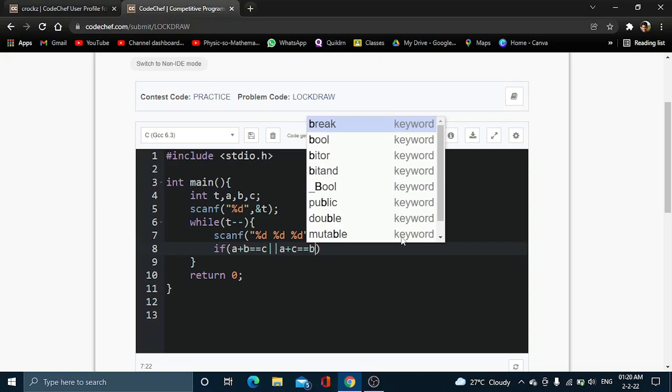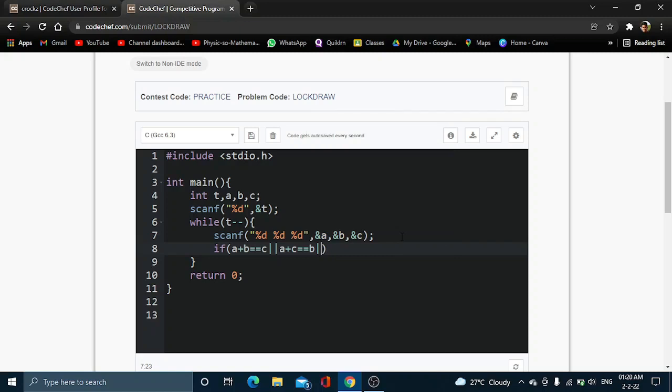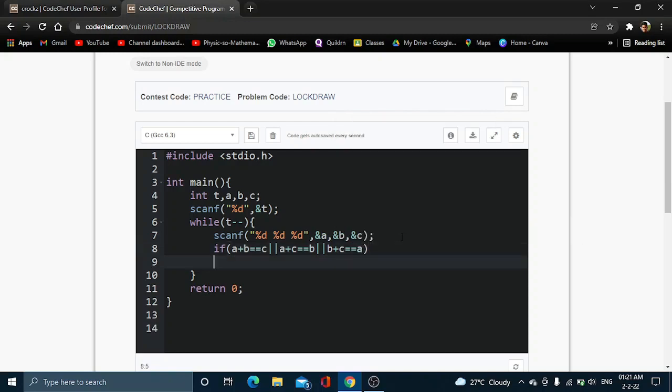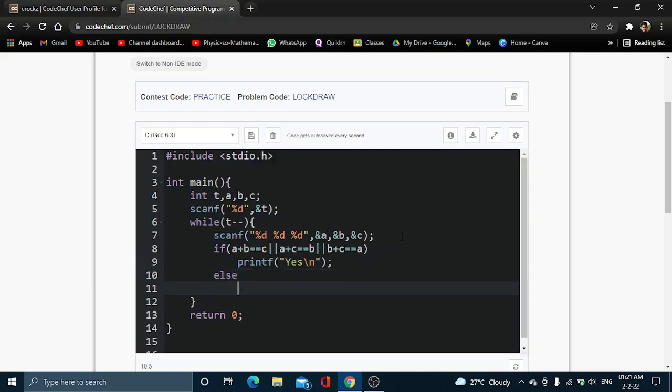So that is the reason I'm putting or A plus C is equal to B. And one more last case arises if a person solves the second question and third question, which equals the first question, then also the draw case arises. So in this case I'll be printing yes, and else if these conditions are not met, then I'll be printing no.